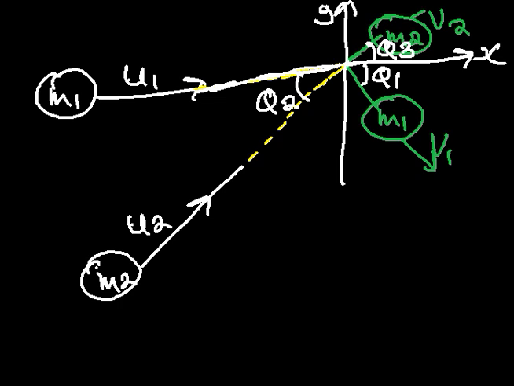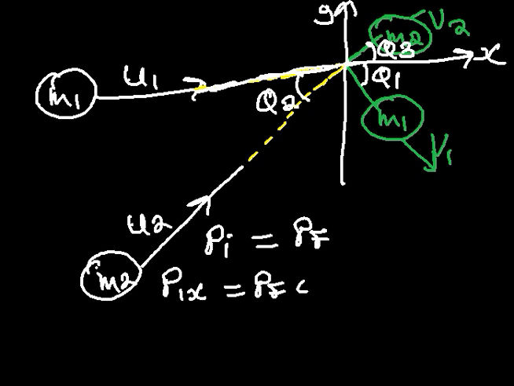So now we should understand that at the end of the day the momentum is conserved. The initial momentum is the same as the final momentum. Since the collision is in 2 dimensions, whatever the case, the initial momentum along the x-axis is the same as the final momentum along the x-axis.